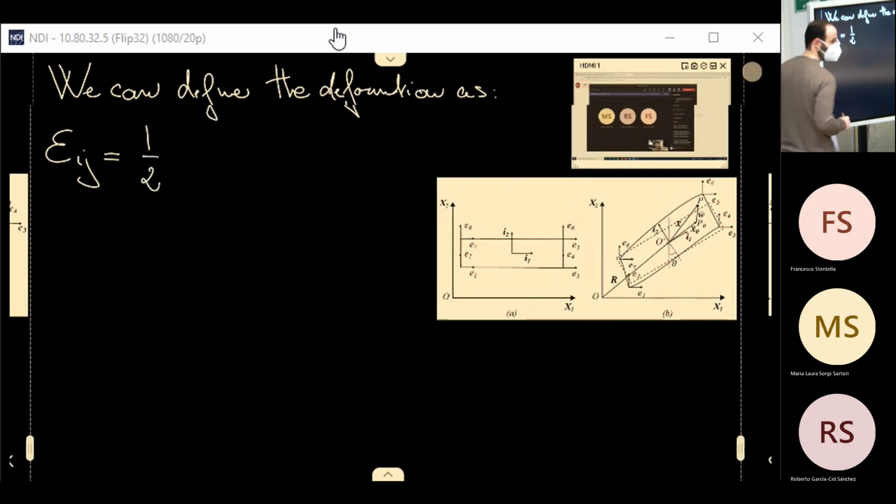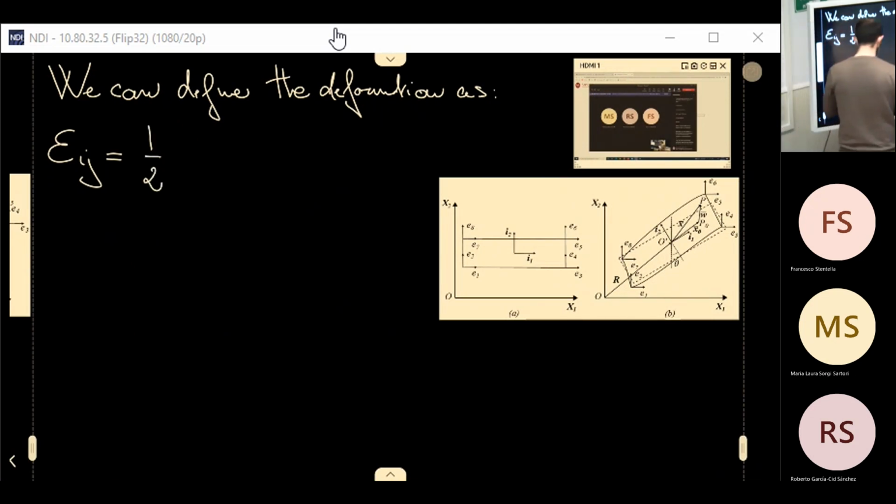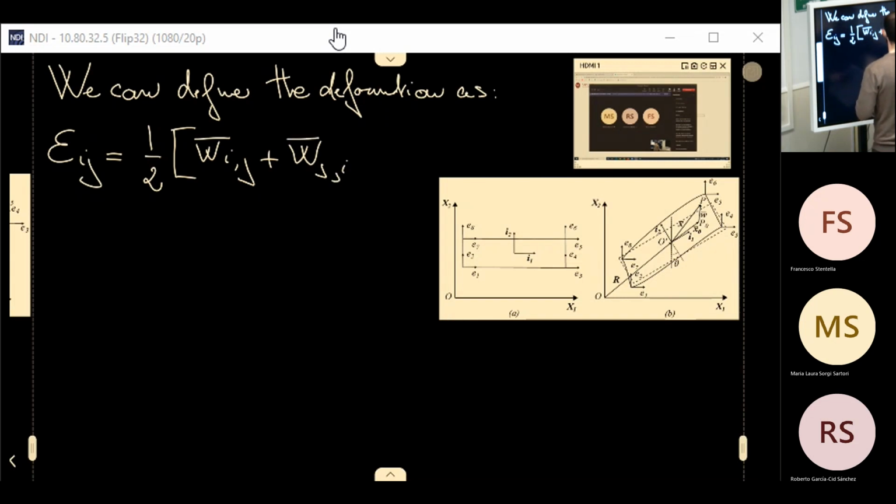Well, if we use again the linear definition, this can be written as follows.